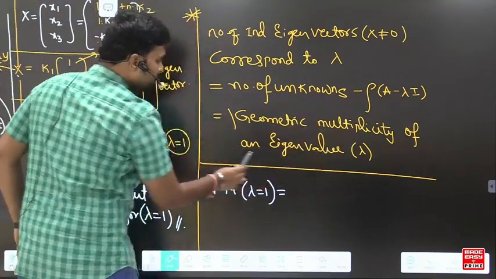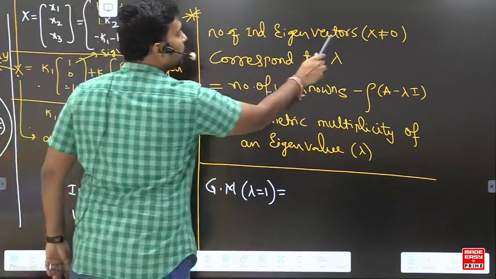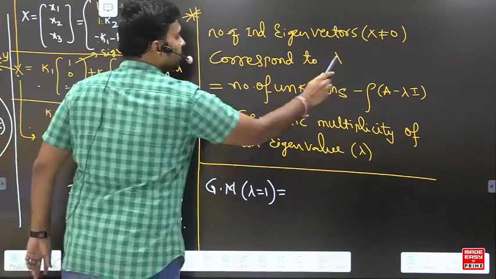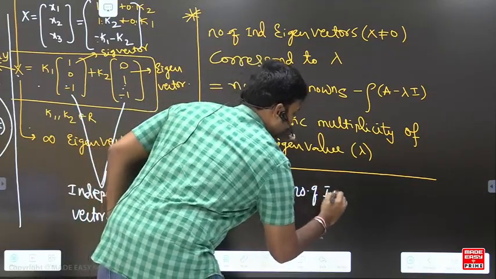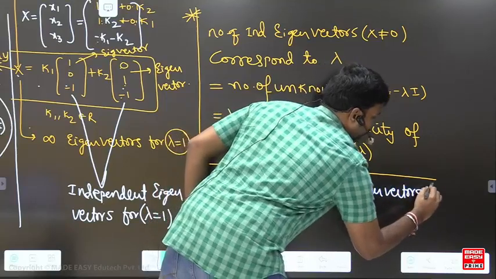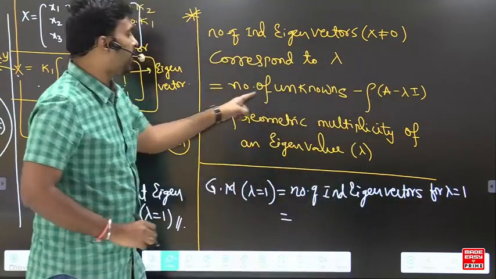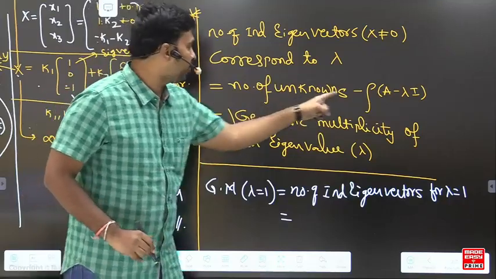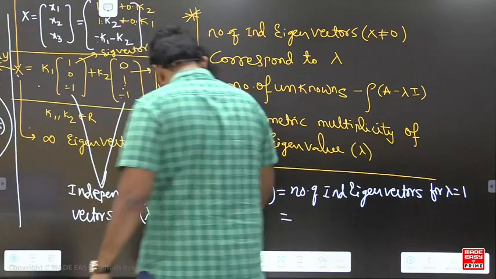This geometric multiplicity of an eigenvalue lambda is equal to 1 gives you the number of independent eigenvectors for lambda is equal to 1. That is given by the nullity formula. What is the nullity formula? It is number of unknowns minus rank of the coefficient matrix.